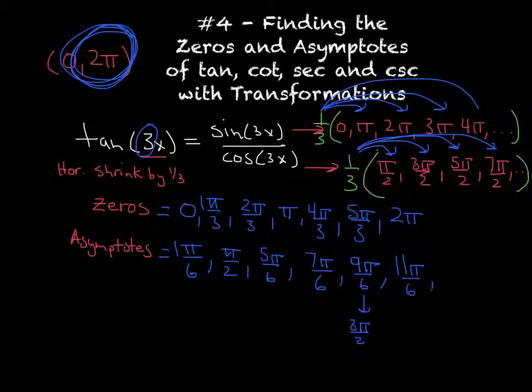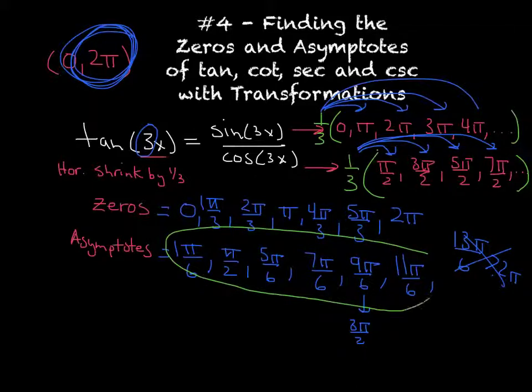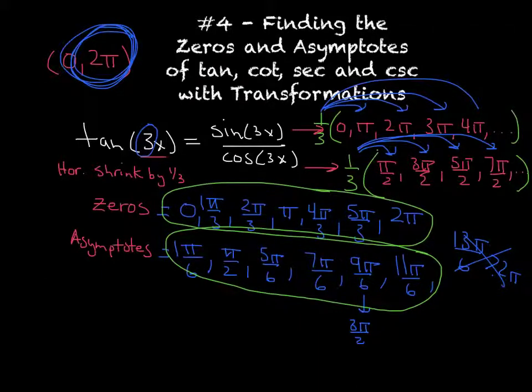And then you're done, because 13 pi over 6 is greater than 2 pi. 6 goes into 13 two times with something left over, so you don't need that. You can stop at 11 pi over 6, and these are the asymptotes of the tangent of 3x. These are the places where it crosses at 0.